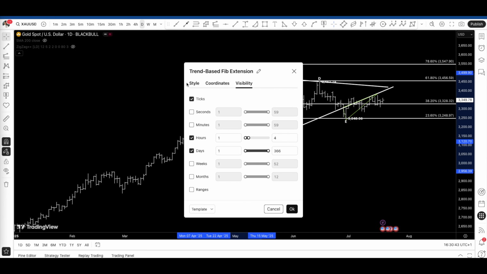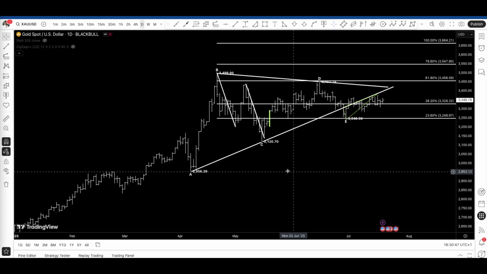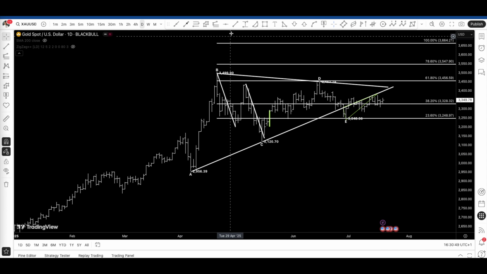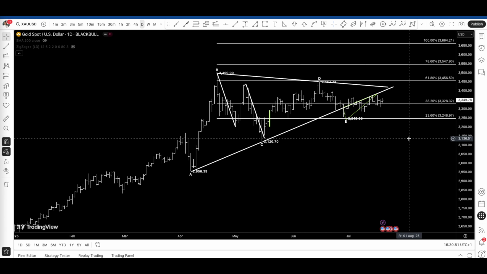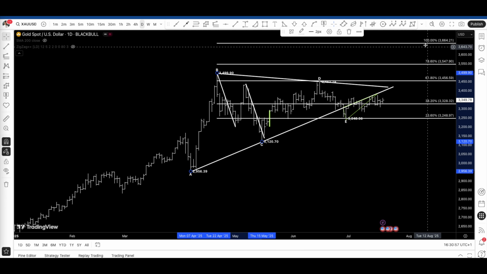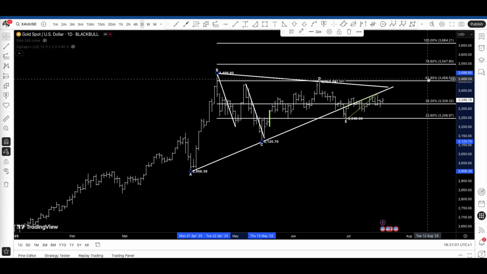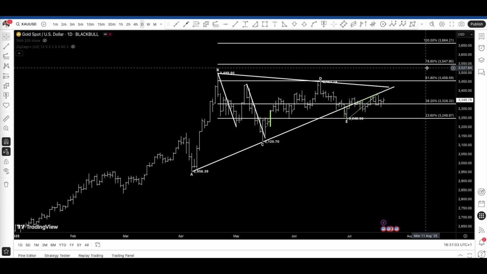So when I use the Fibonacci, these will be my prior numbers. For example, 23 I normally use as entry level. The 38 will be a support. The 100 will be a resistance, and the 61 and the 78 will be my first targets.